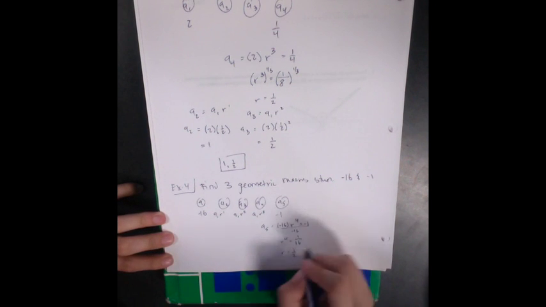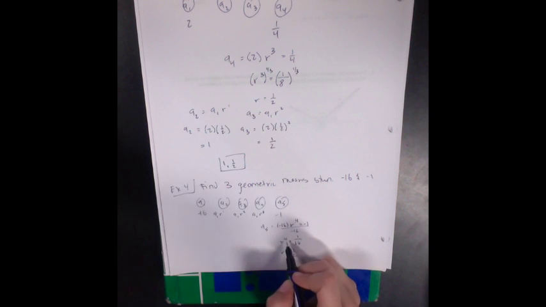Now, here's an interesting thing that I need to clarify in another problem. Since we are taking the 4th root, r could be plus or minus 1/2. Plus or minus is really important because if we are taking an even root of something, we can have plus or minus. So we have two cases, and I showed that for a different problem.